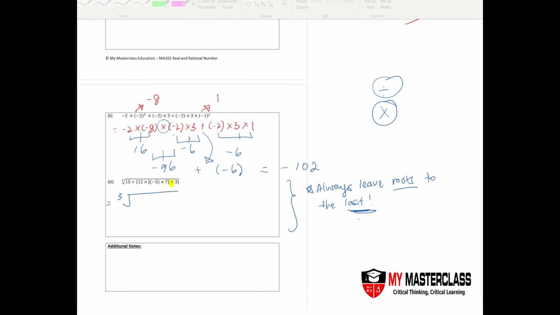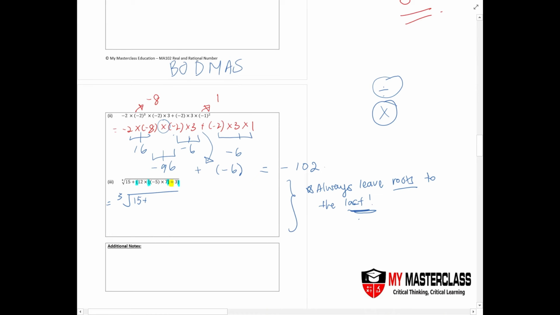I'll have 15 plus, remember, can you identify that there is a bracket? There's one bracket here, and that will be the first bracket, and then there will be another bracket here. So you actually have to multiply out the bracket. Remember BODMAS: brackets, and then you have your powers, your operations, your division, multiplication, addition, and then subtraction.